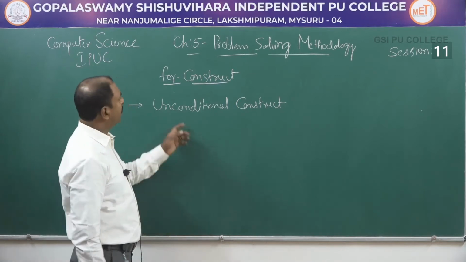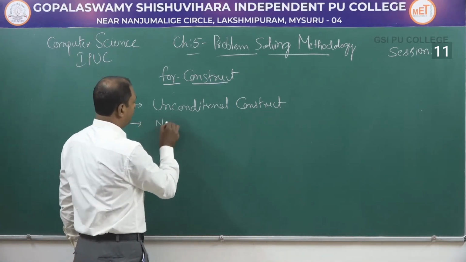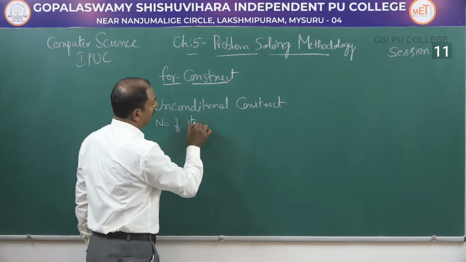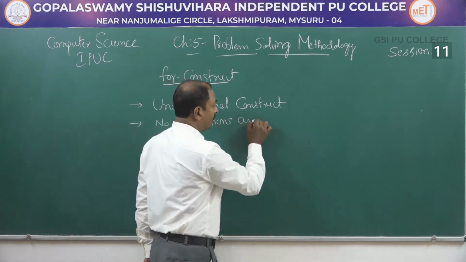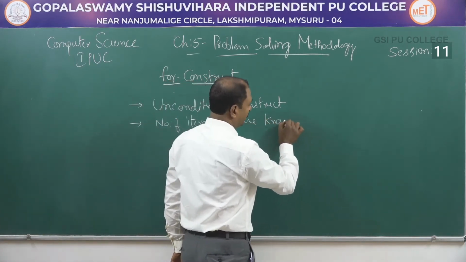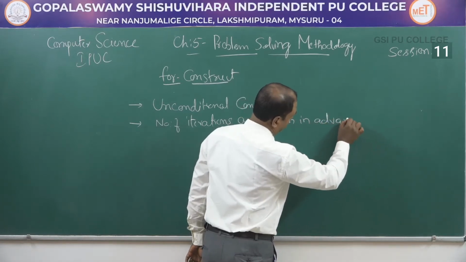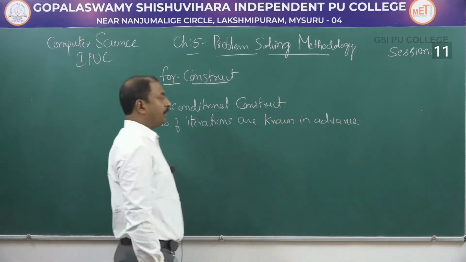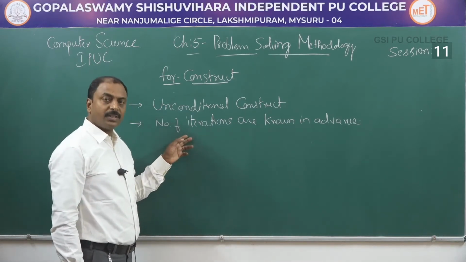The meaning of unconditional construct is that here the number of iterations are known in advance. So here the programmer or the user will be knowing the number of iterations in this program.